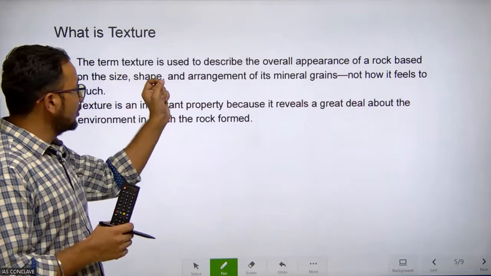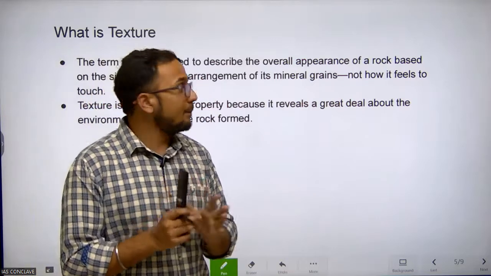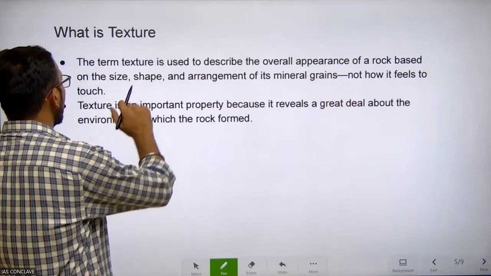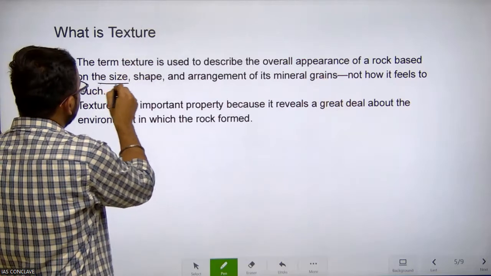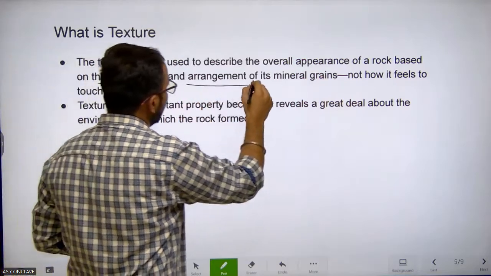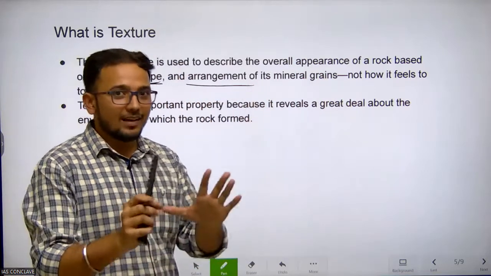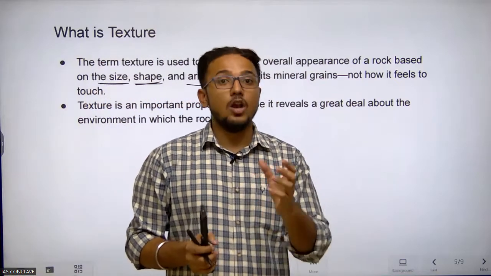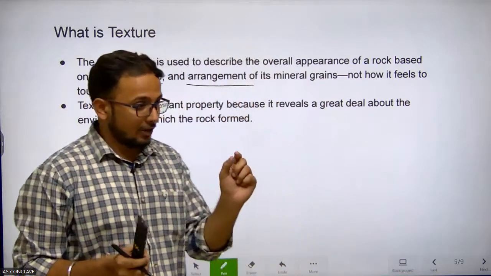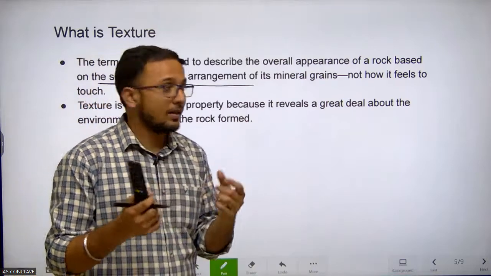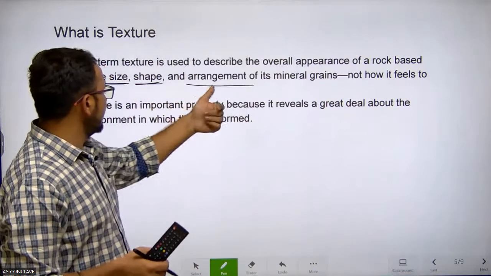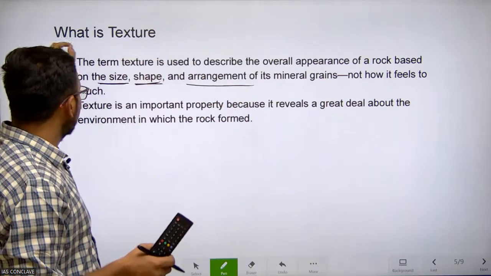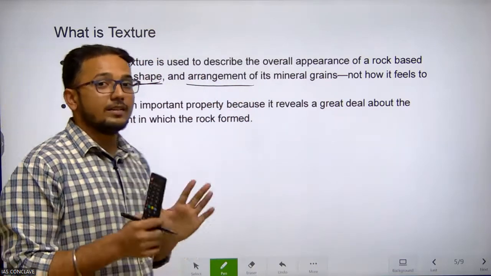The texture is the term used to describe the overall appearance of the rock based on the size, shape and arrangement of its mineral grains, the crystals, how they are arranged, what their shape is, whether they are fine grain or coarse. So this is how we can define texture.